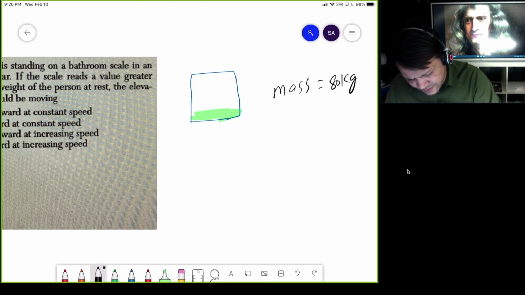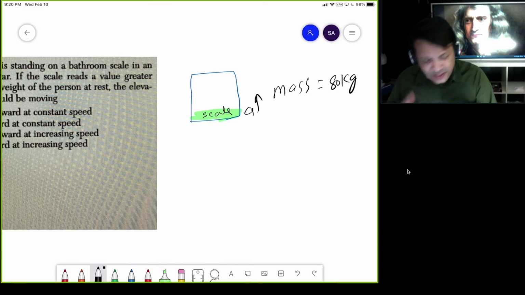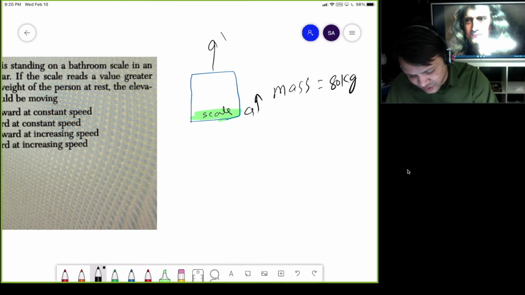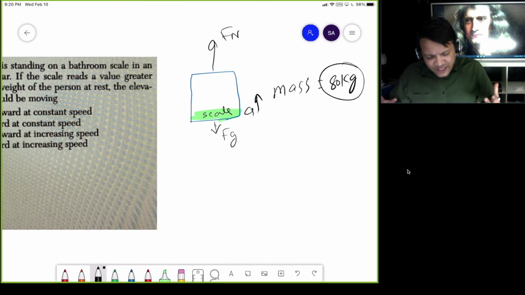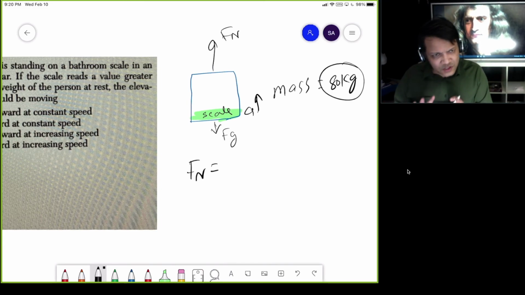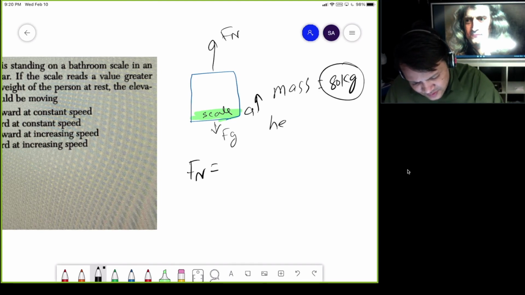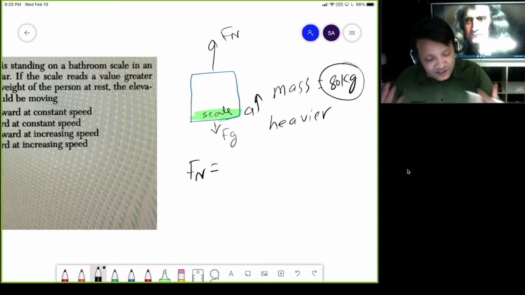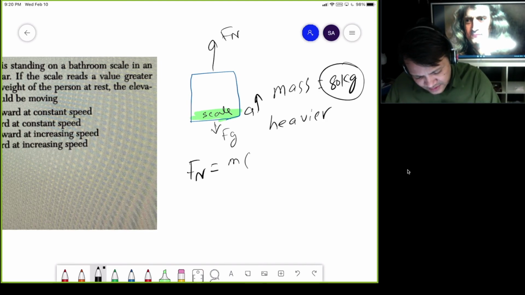This scale would read more because the elevator is accelerating up, because again the normal force is bigger than the weight. How much would the scale read? We can even predict it using the equation. The person will feel heavier, so Fn equals m(g plus a).